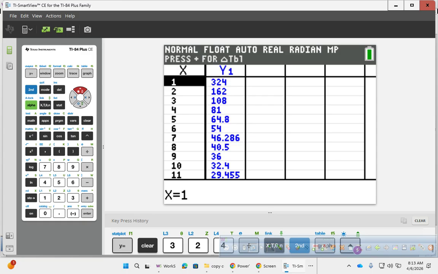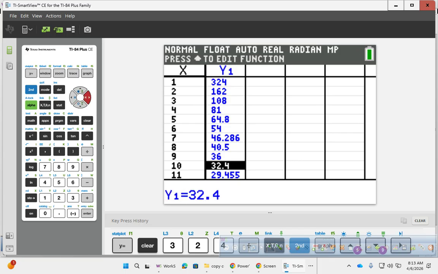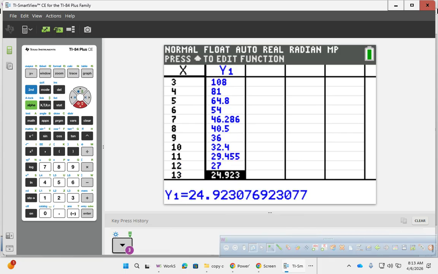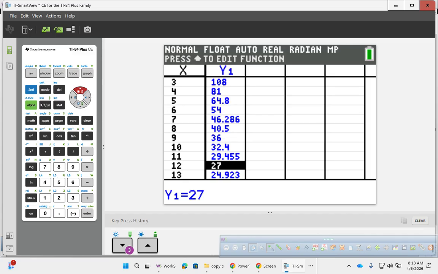We have one up there. 324, 162. I don't think I see one. 27? 27 and 12?